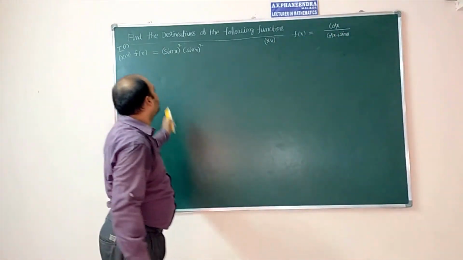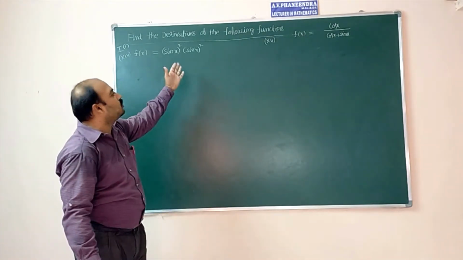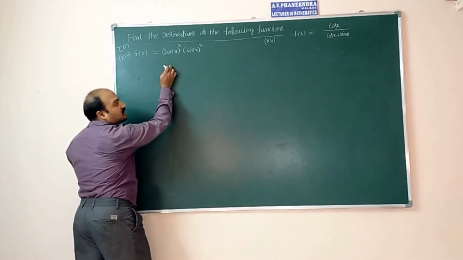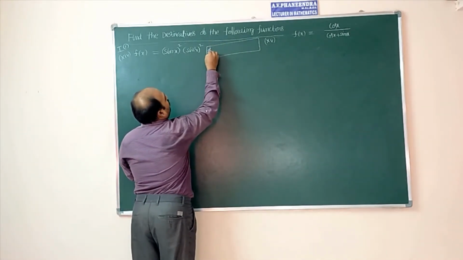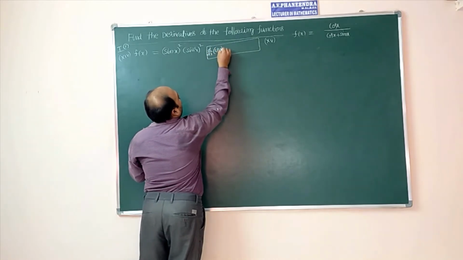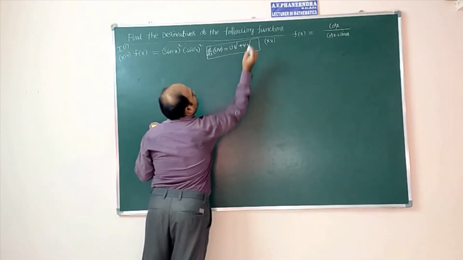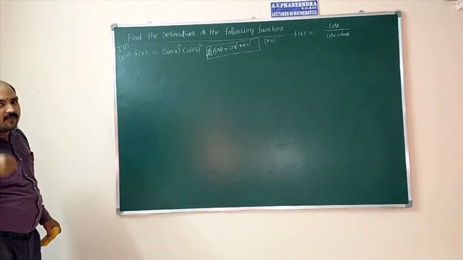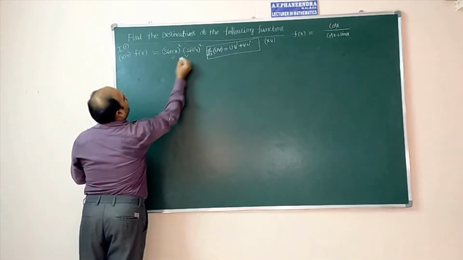Next set of problems. f of x equal to (sin x) whole square into (sine inverse x) whole square. Here you have to apply the d/dx of u into v formula. d/dx of uv is u into v dash plus v into u dash. v dash means dv by dx, u dash means du by dx. So here this is u, this is v.